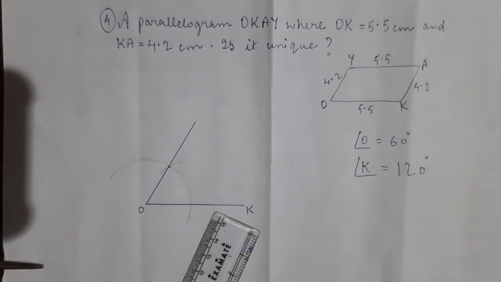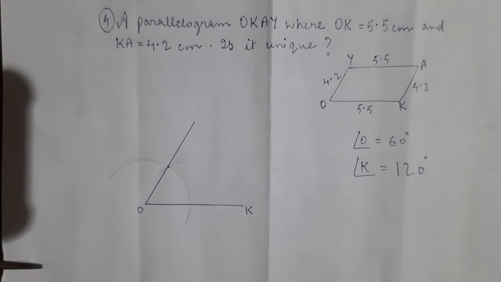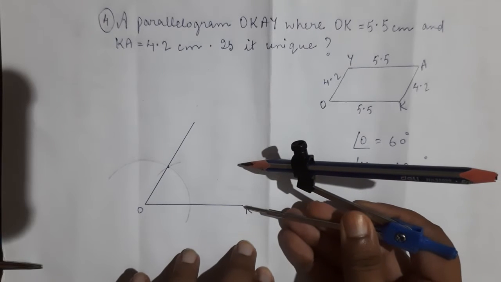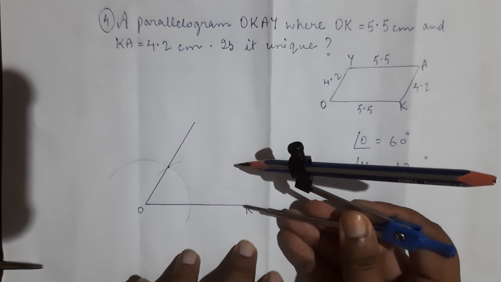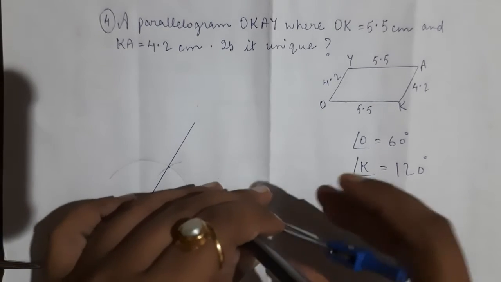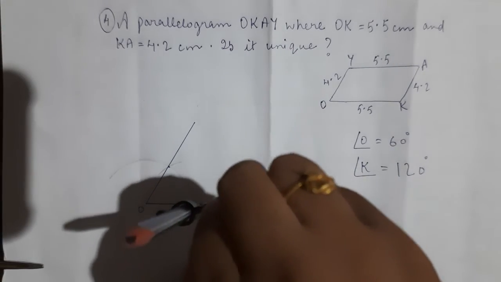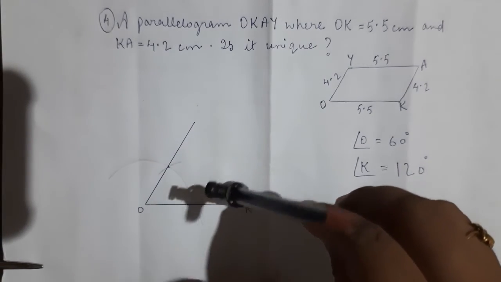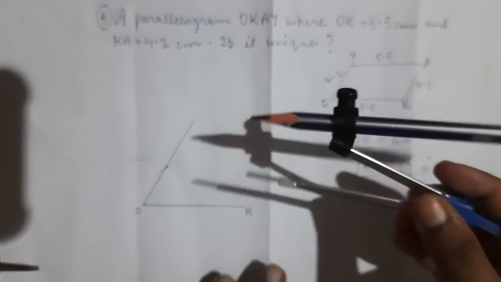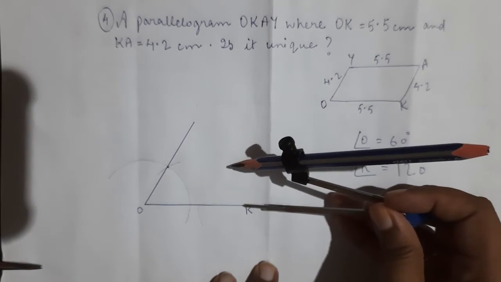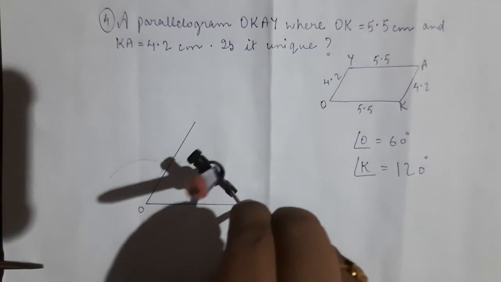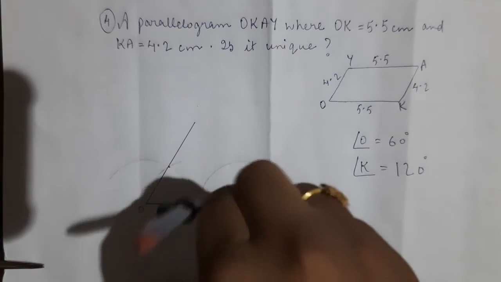Now children, at K we have taken 120 degree. Let us draw 120 degree. From this point K, by taking any radius, I will draw an arc in this way.